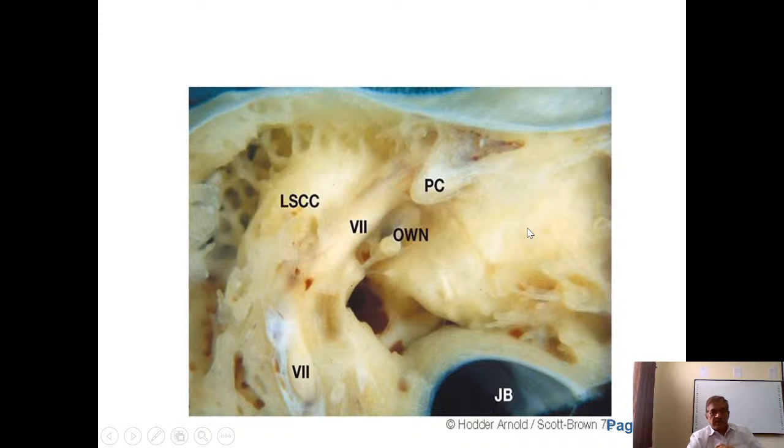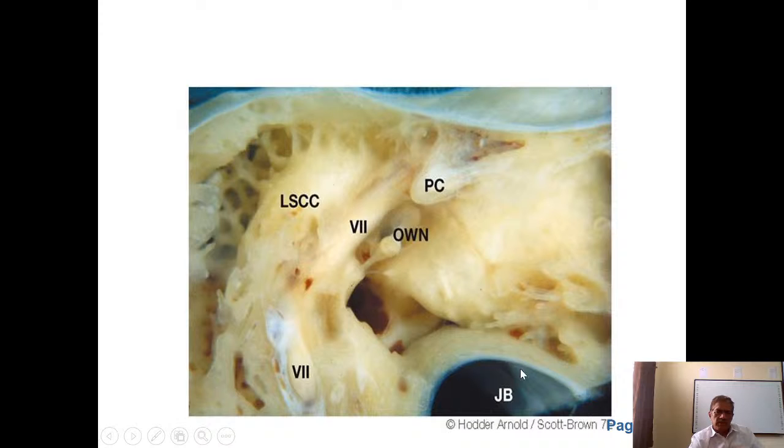All this time you have been seeing the diagrammatic representations, but this is how it looks really. This is the promontory. That's the Eustachian tube, and this is the jugular bulb.